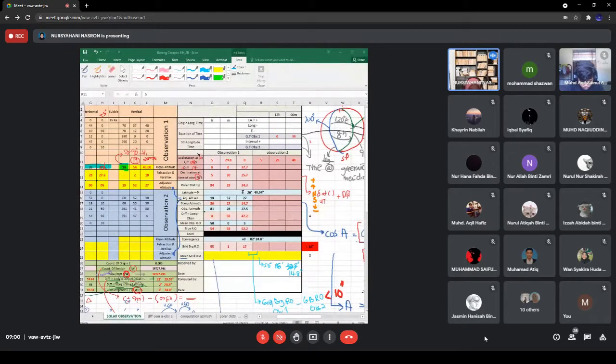Bukan tanya jawapan, but tanya apa yang tak faham. GLS184 LP.